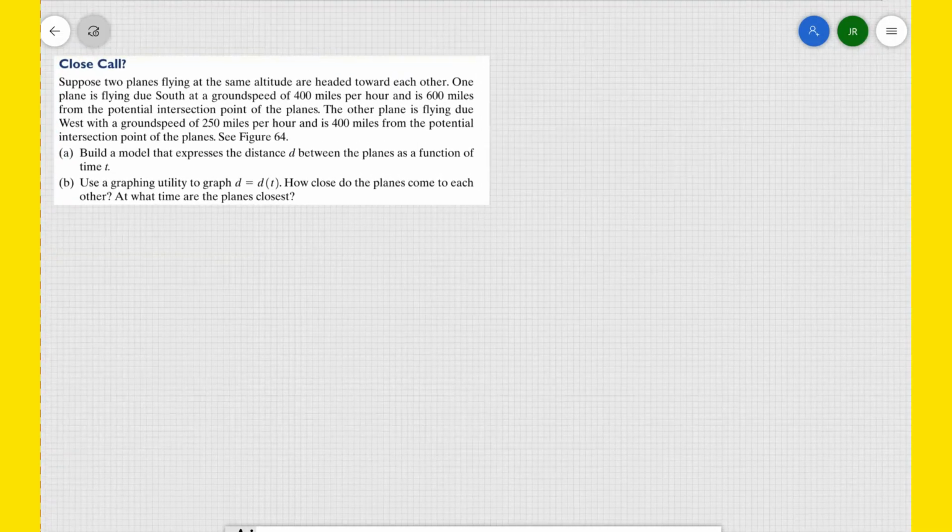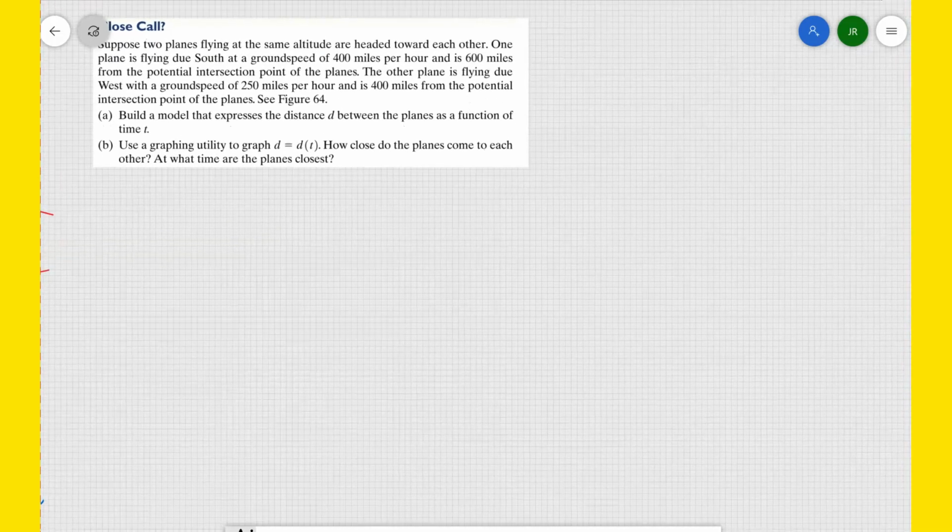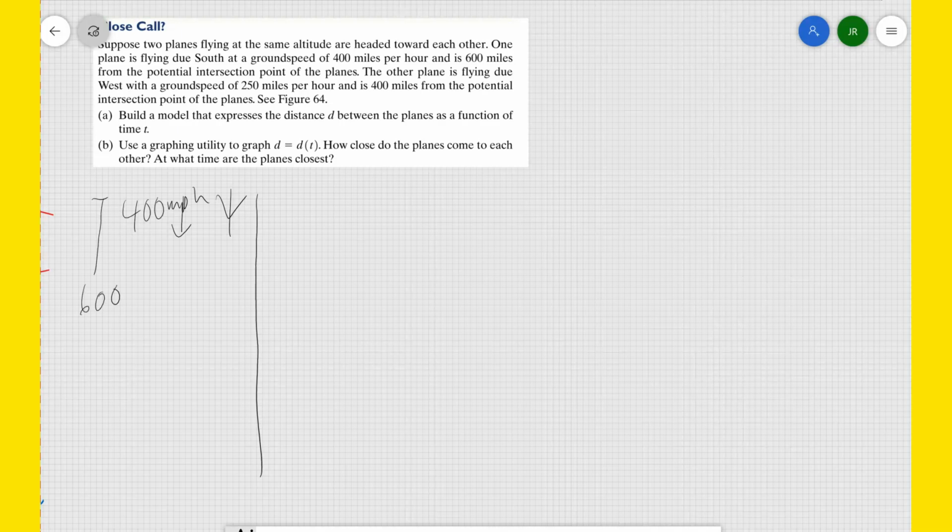All right, let me draw that. Here's one plane. Just imagine that's the plane. And it is flying due south. Its speed is 400 miles per hour, and it is 600 miles from the potential intersection point, this being the potential intersection point.